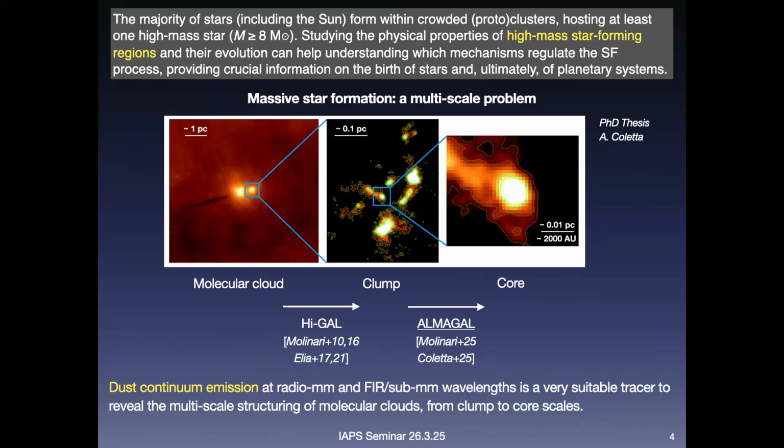I report here, for example, Hi-GAL, which performed a survey of the galactic plane to extract a catalog of hundreds of thousands of clumps in the far infrared, and ALMAGAL, that I will present today, which is the current program, which with a higher sensitivity and especially resolution was able to reveal the fragmentation of the clumps and to study the fragments at a few thousand AU scales.